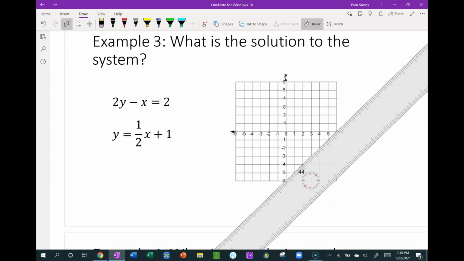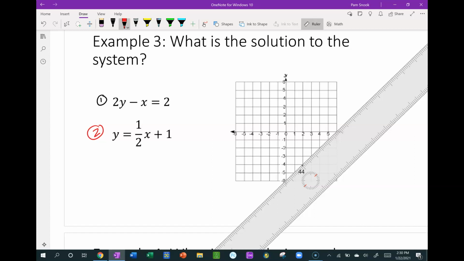So again, I have two equations, and each equation has an x and a y. So notice two equations and two variables. And I just want to point out that systems don't have to be only two. There can be more.